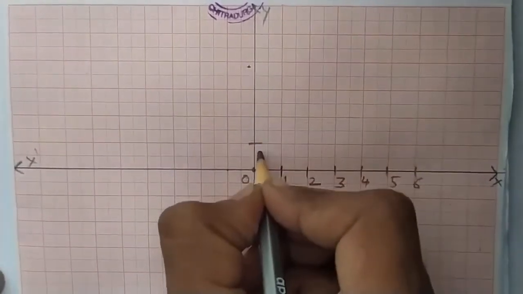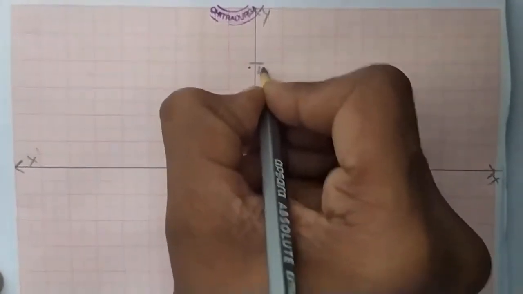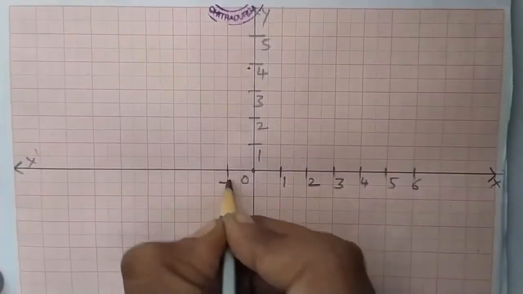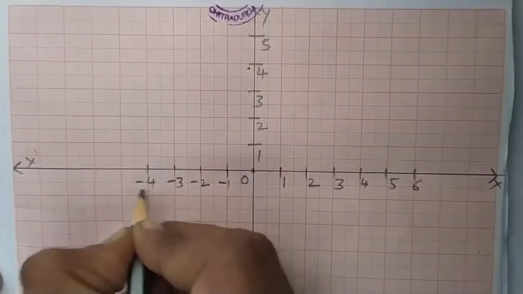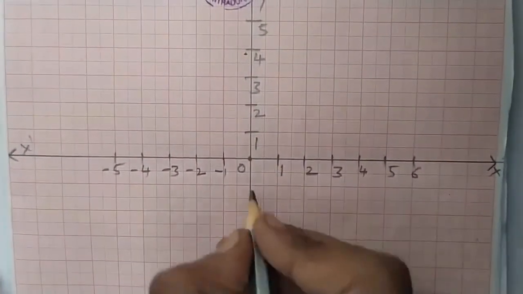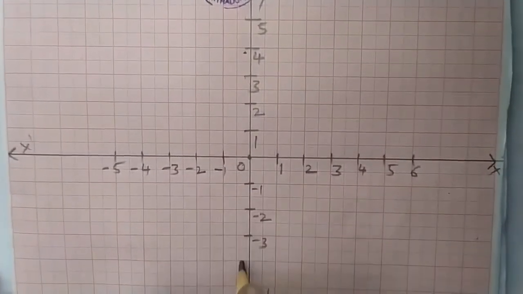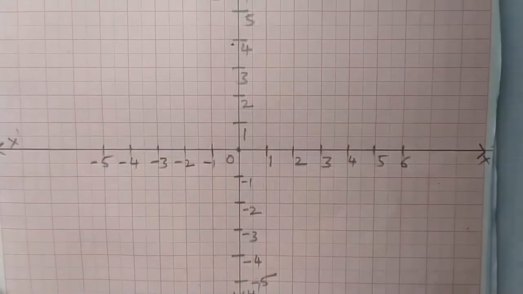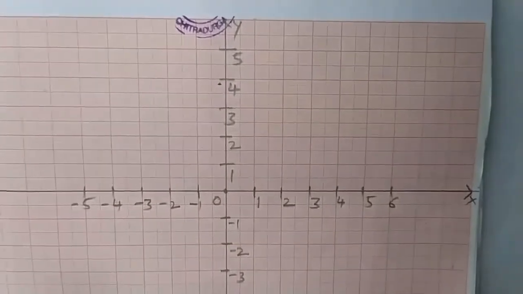The values on the y-axis 1, 2, 3, 4, 5. The values on the negative x-axis minus 1, minus 2, minus 3, minus 4, and minus 5. The values on the negative y-axis minus 1, minus 2, minus 3, minus 4, minus 5, minus 6, and so on. You just see the table for this function.